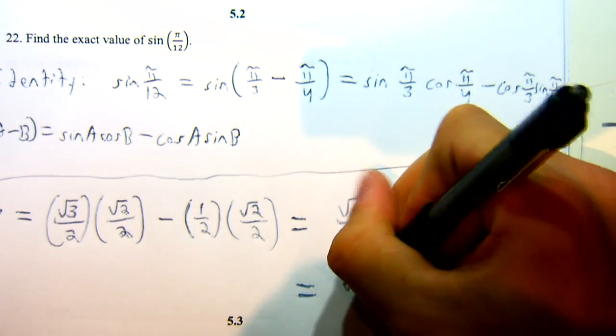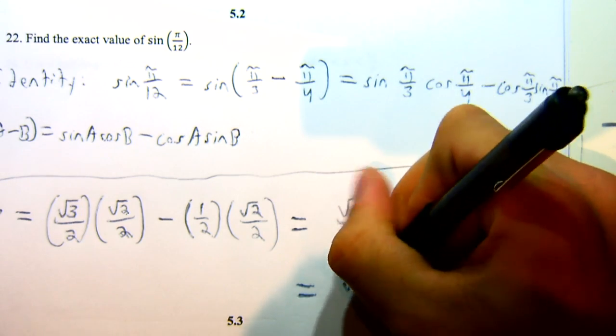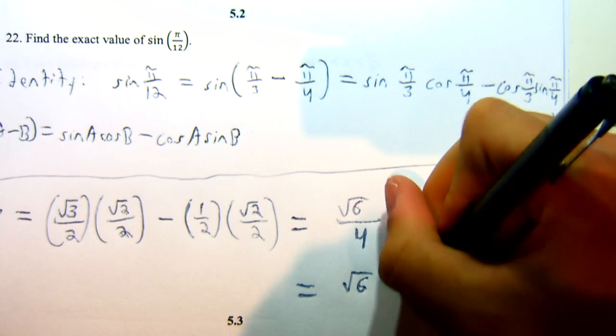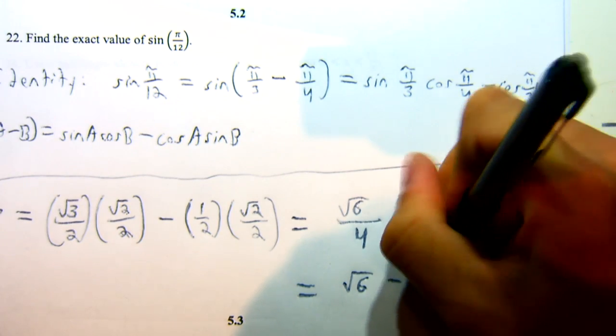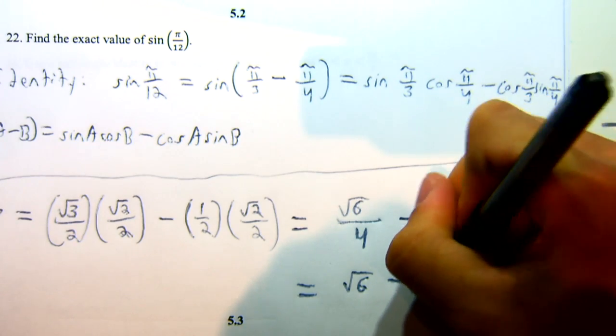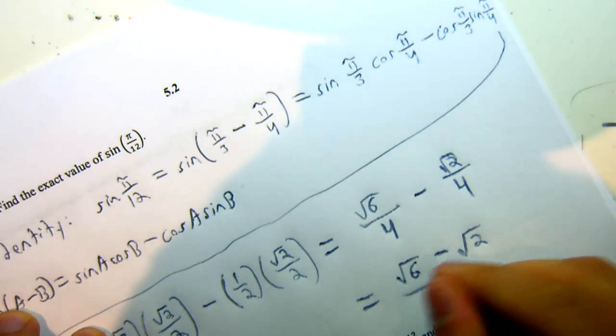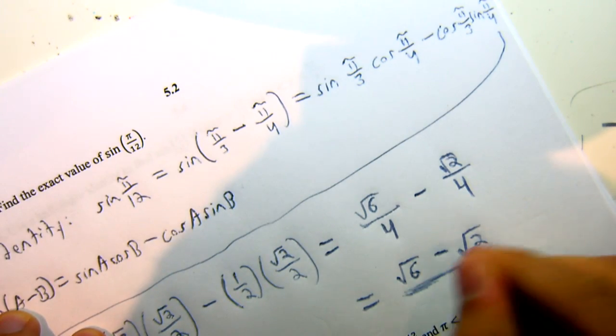So we get square root of 6 minus square root of 2, all over 4.